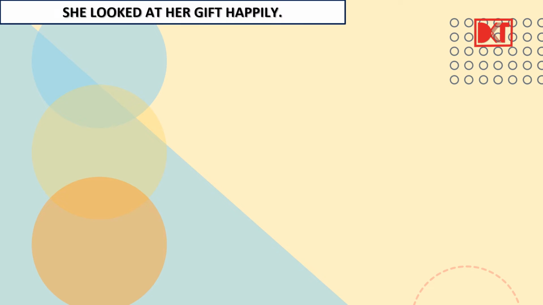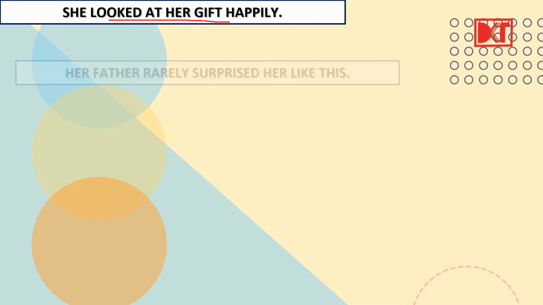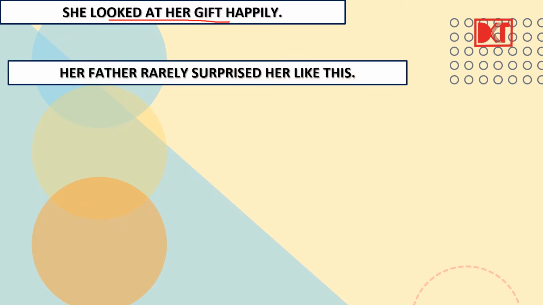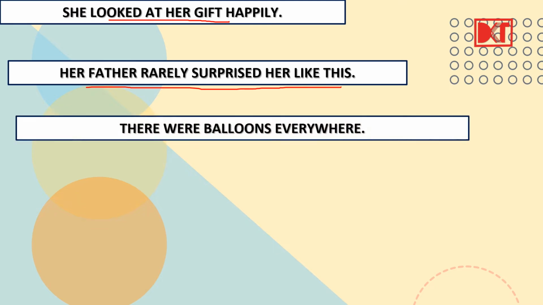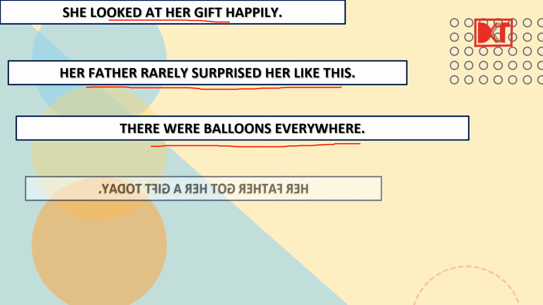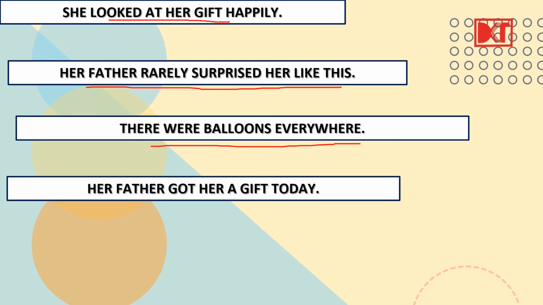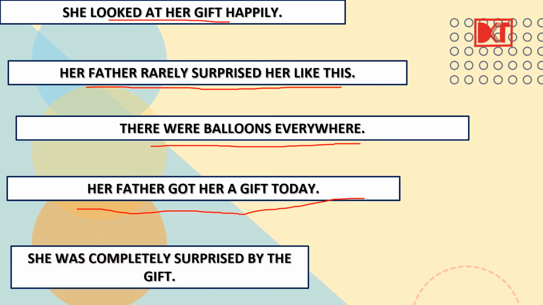The first sentence was she looked at her gift happily. Then the next one said her father rarely surprised her like this. Third one was there were balloons everywhere. Then her father got her a gift today. The last one said she was completely surprised by the gift.